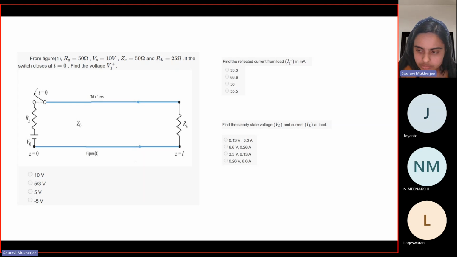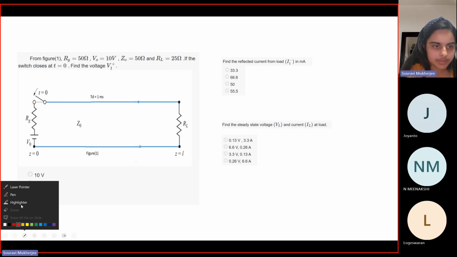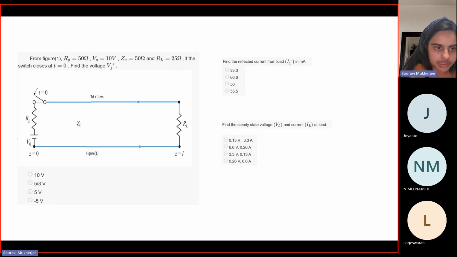So here you have a 10 volt source, and at the source you have 50 ohm. Just ignore my handwriting. And here also you have 50 ohm.